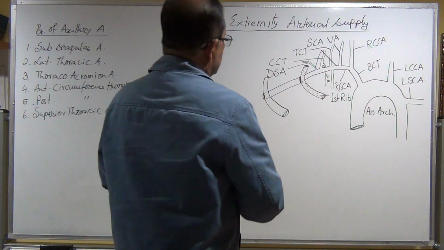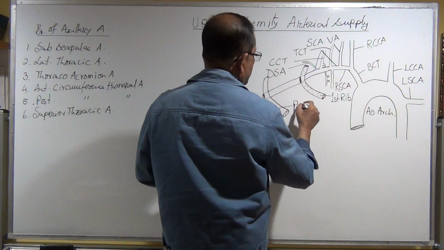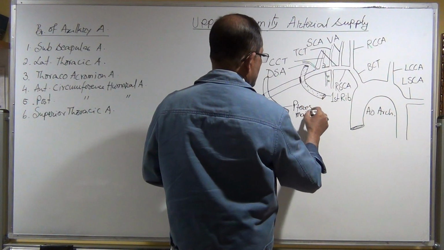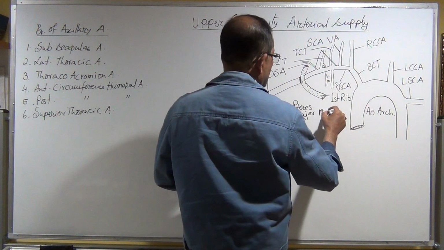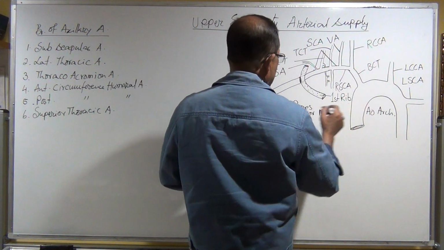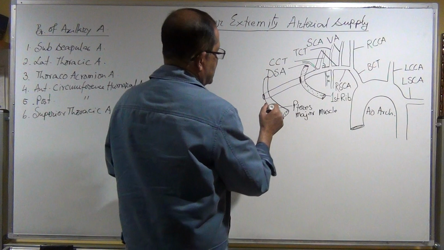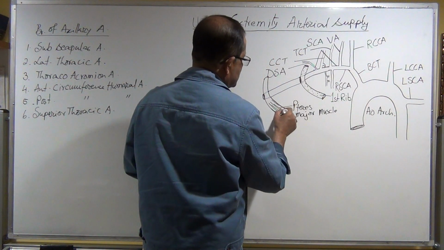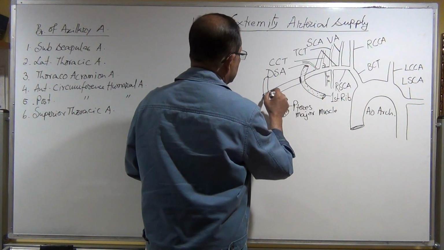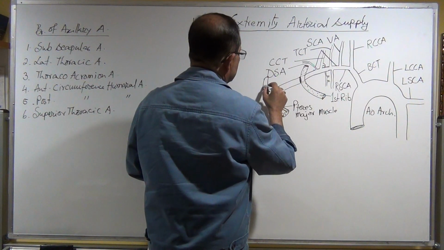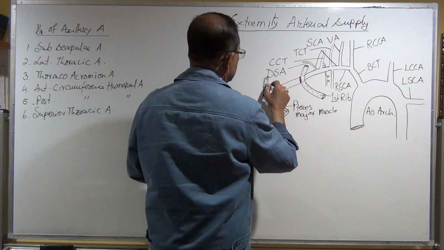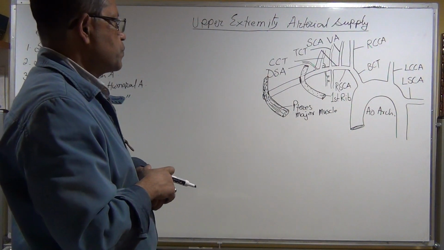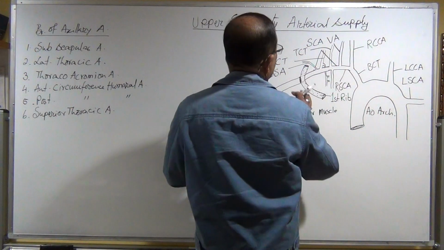This is the outer border of the teres major muscle. Let me draw, it is a muscle. So now we get the anatomical landmark.